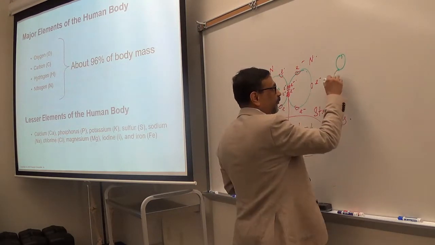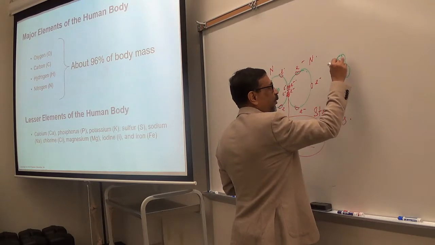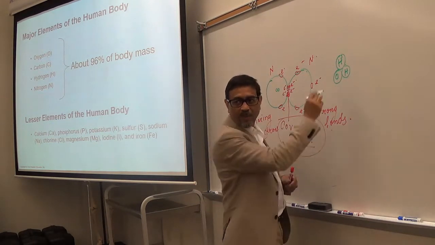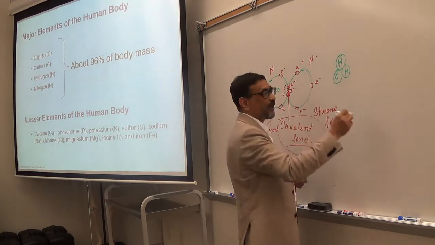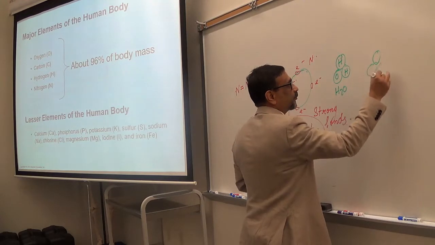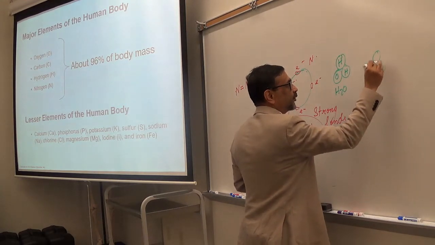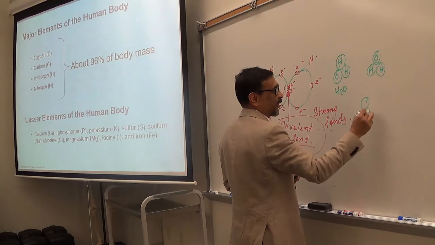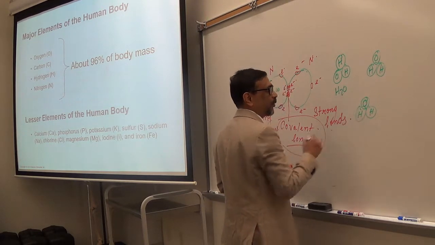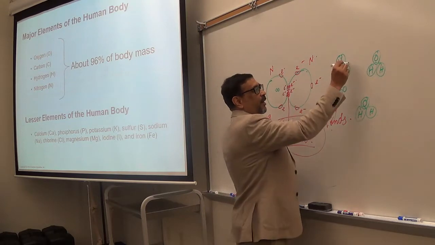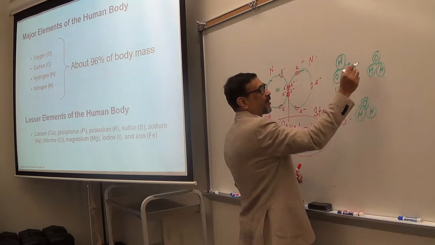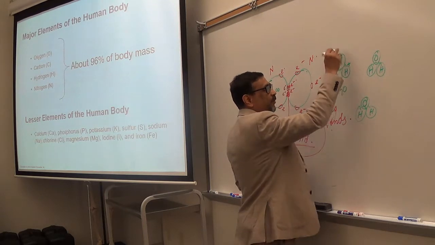This is a water molecule. Water formula is what? H2O. This is water, okay? H2O. This is another water molecule, H2O. This is another water molecule, H2O. Hydrogen is weakly positive and oxygen is weakly negative.